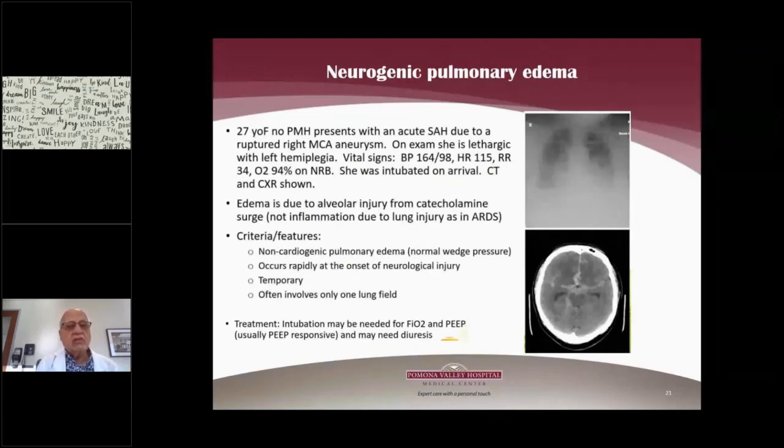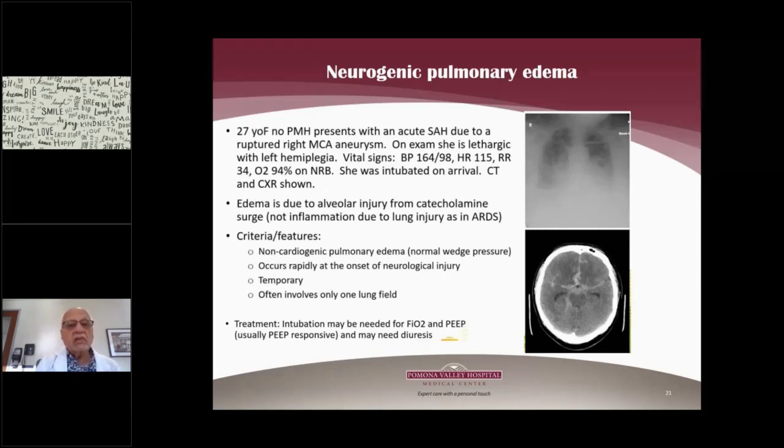This is often seen with an acute event in the brain which has taken place. This is a scenario of neurogenic pulmonary edema. This is a 27-year-old female who presents with an acute subarachnoid hemorrhage due to a ruptured MCA aneurysm.